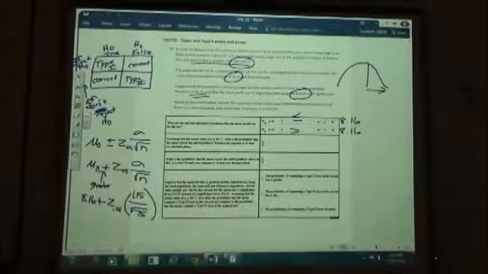We punch that into our Aleks calculator. $1.15, yep, that was our standard deviation over the square root of 75. All right, so you're going to do 8.16, $8.16.